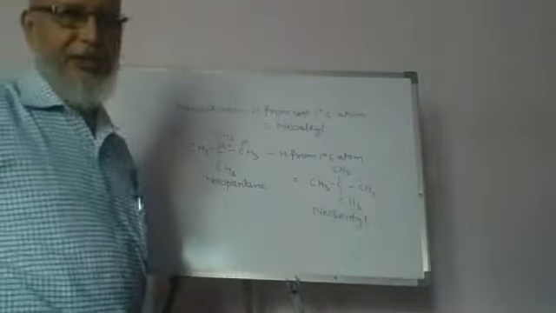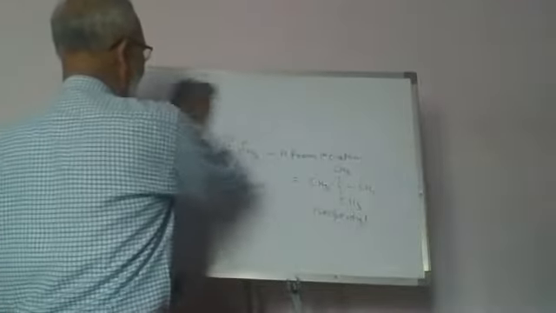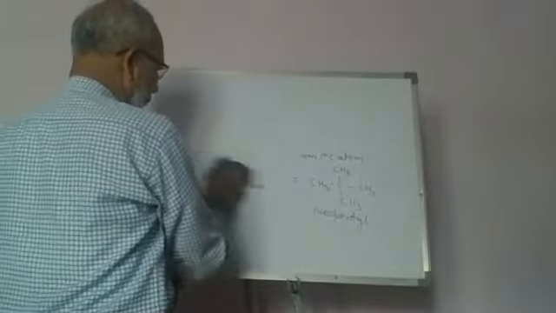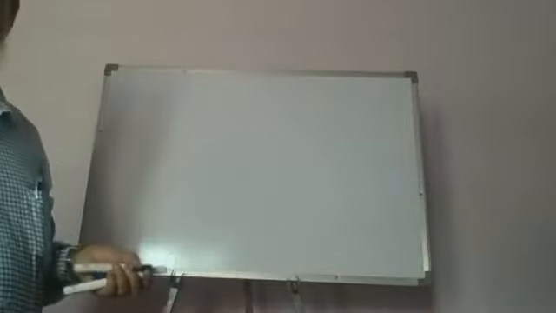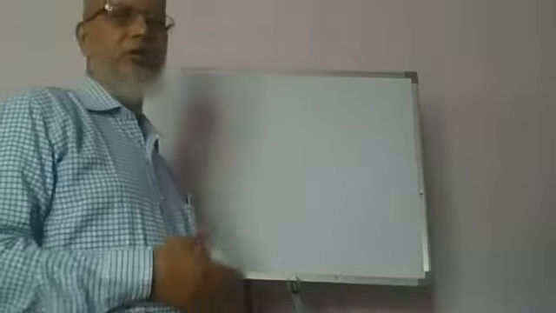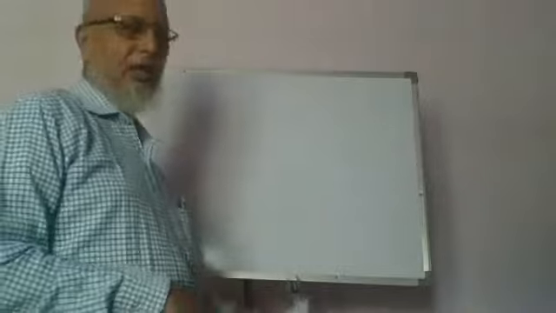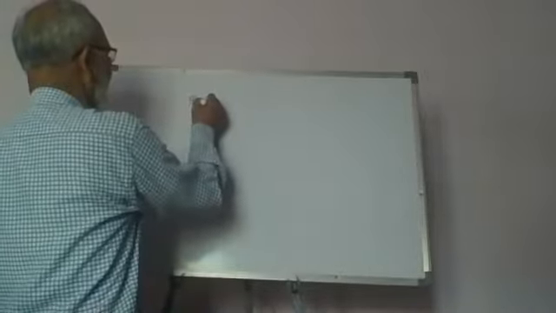Now, one exception is here. Right now, I have told you that isoalkane contains a tertiary carbon atom, and hence the isoalkyl group derived from this should also contain a tertiary carbon atom, and it is so in case of isobutyl, pentyl onwards. But in case of propyl, exception.